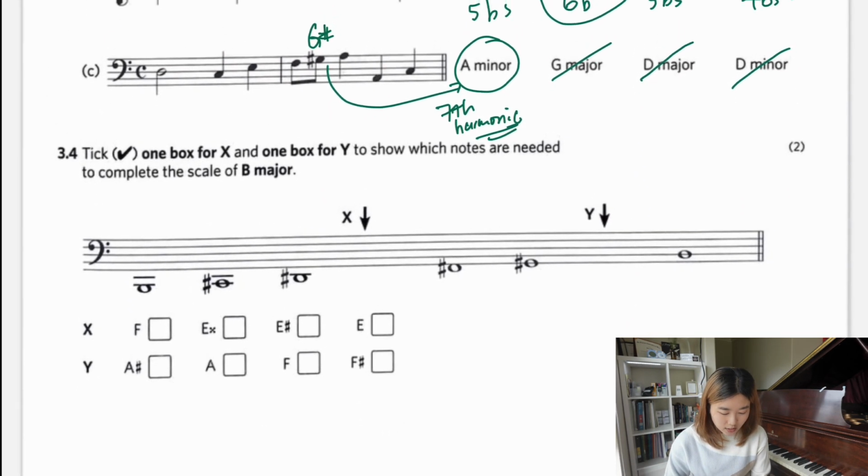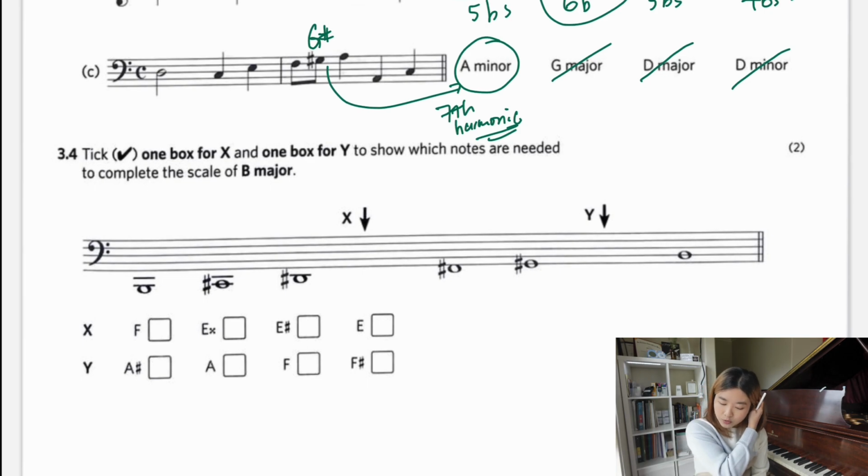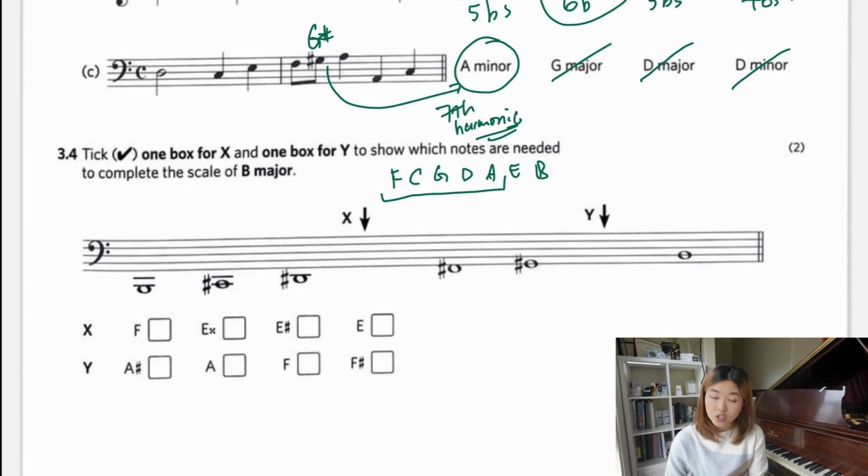Next one, we're gonna take one box for X and one box for Y to show which notes are needed to complete a B major scale. So which means B major scale, we have 5 sharps, okay? F, C, G, D, A, E, B, and then we'll only take F, C, G, D, A. So let's see, we are starting from B, C, D, E, F, G, A, B. So we're gonna add sharps.